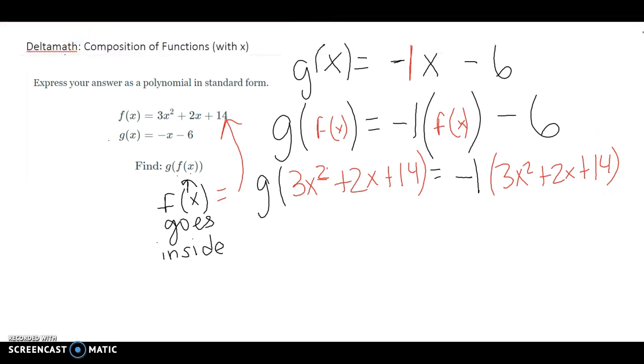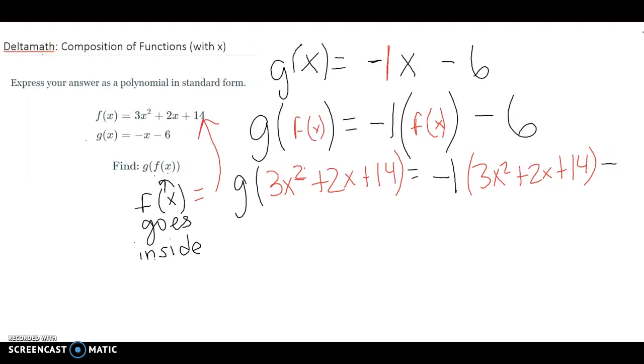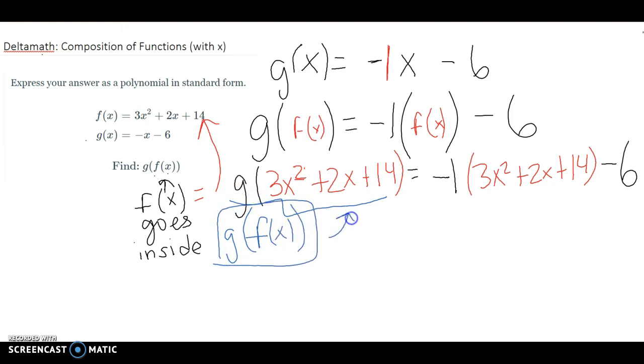And then I still have this minus 6, so I must include that minus 6 at the end. This right here is telling me that this is g with f of x inside of it.